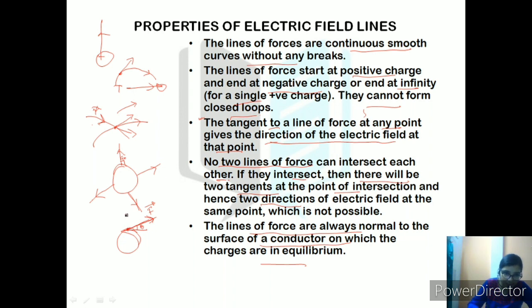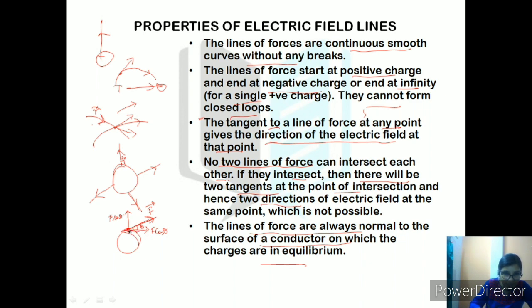Then, from the rectangular components, we can break this vector into two components: one is F cos theta in this direction, another is F sin theta. If there are charges inside the conductor, they will experience a parallel force, F cos theta.